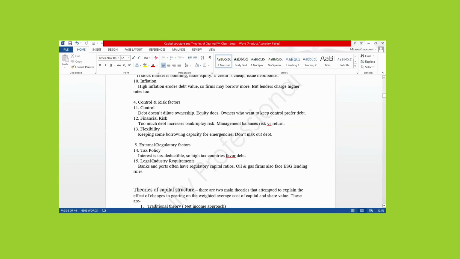If you look at banking companies, laws specify the amount of equity and debt the bank should use. So for some companies, law regulates the capital structure. For some companies, industry regulates the capital structure. So industry requirements and legal requirements can affect the choice of capital structure.